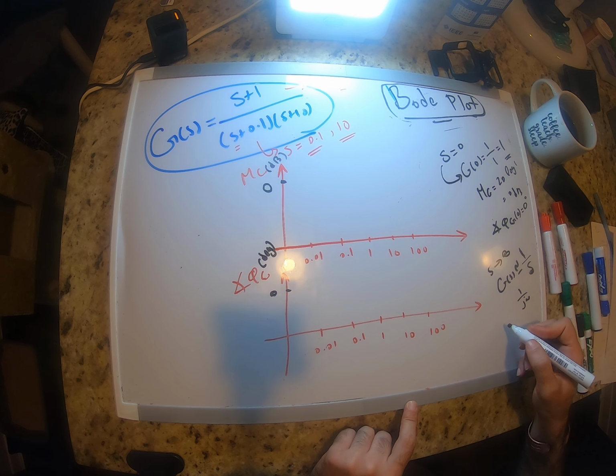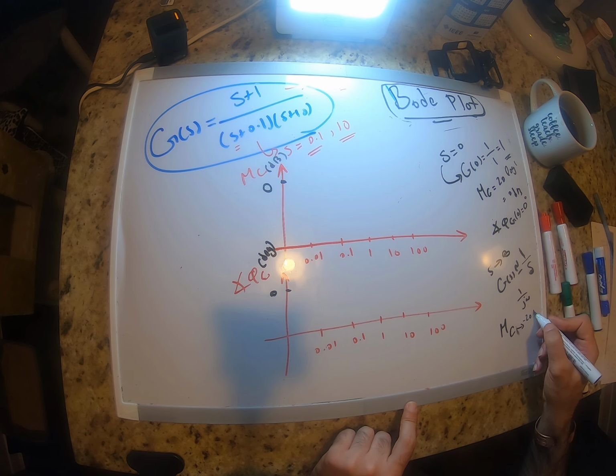When you have 1 over s, it means that the magnitude is moving with minus 20 dB per decade.